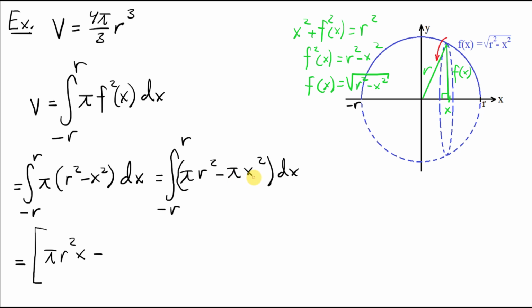And here is a constant times x squared, so the antiderivative is x cubed divided by 3.